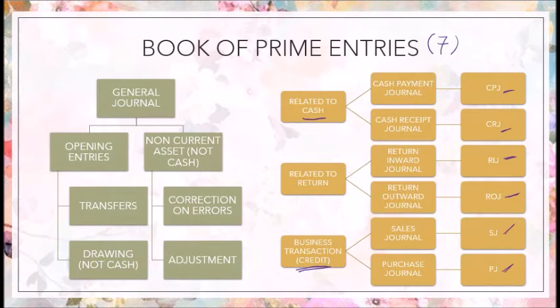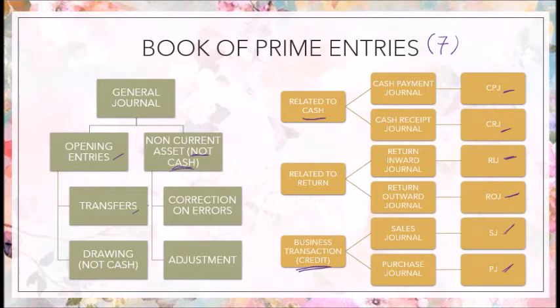The last journal is the general journal. Any transaction that cannot be specified into these 6 journals will go into the general journal. For example, opening entries, non-credit, not by cash, meaning by credit, will go under general journal. Transfers will be here.